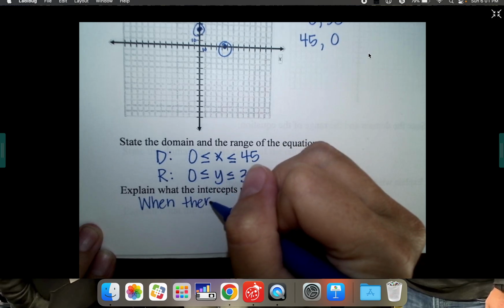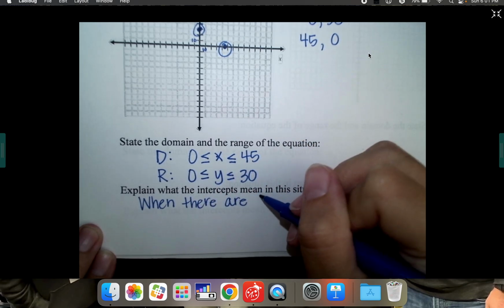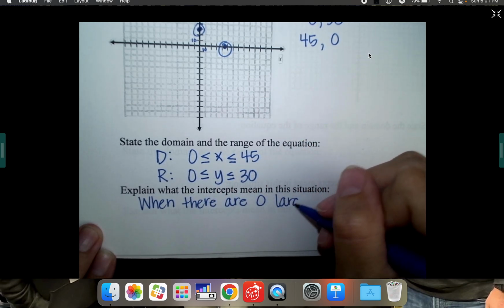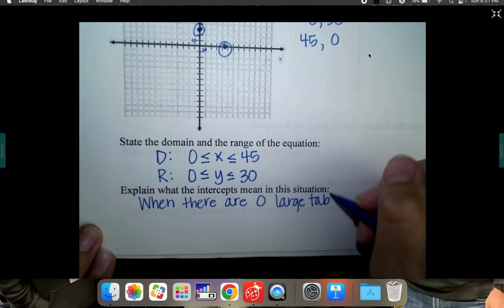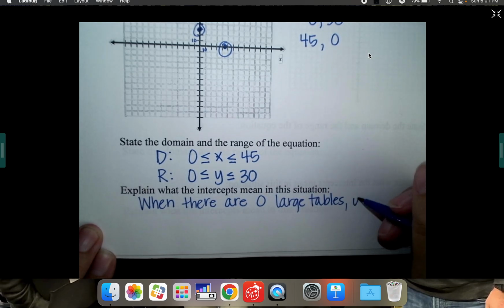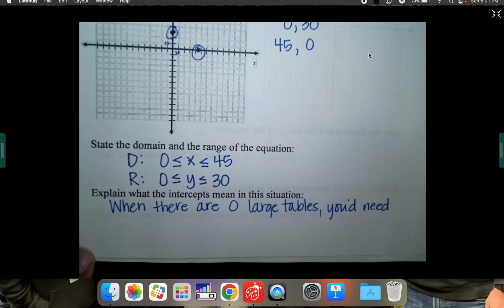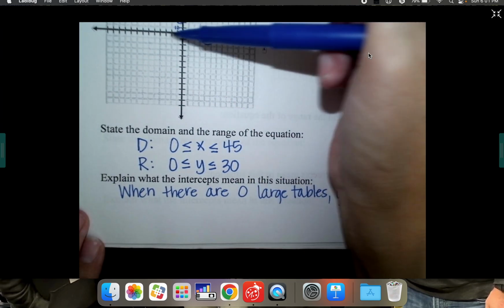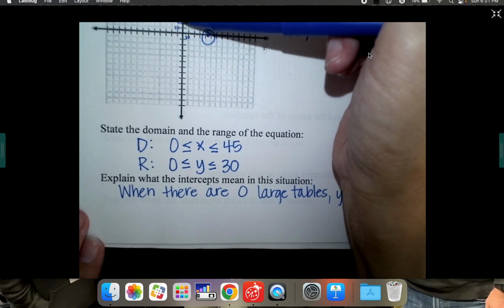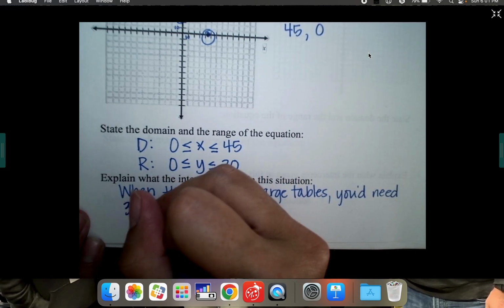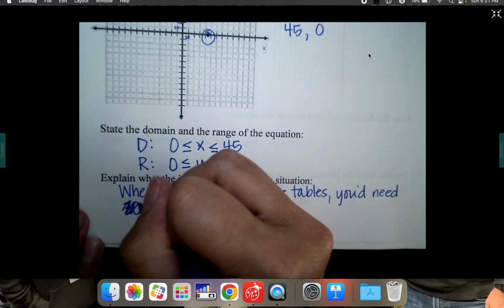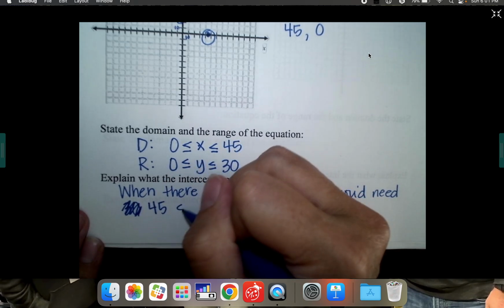When there are 0 large tables, like this is one possibility, you'd need 45 small.